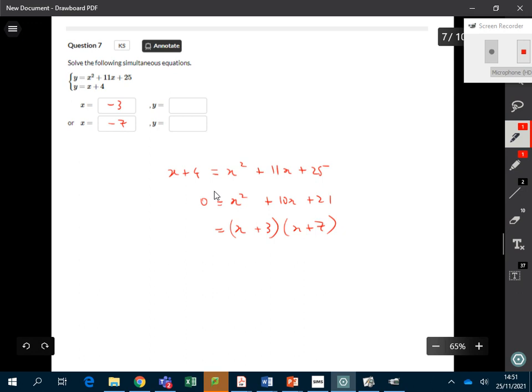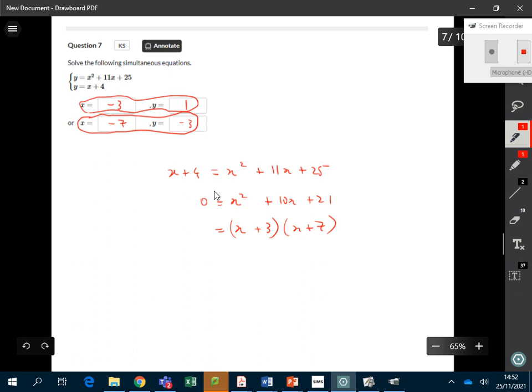Now if x is equal to minus 3, using this thing here, minus 3 plus 4, y is 1. Using this again, minus 7 plus 4 is minus 3. And just notice those come in pairs. So those two go together and these two go together.